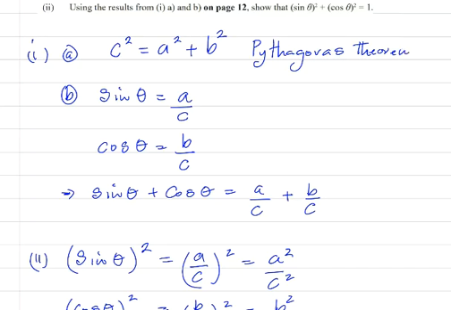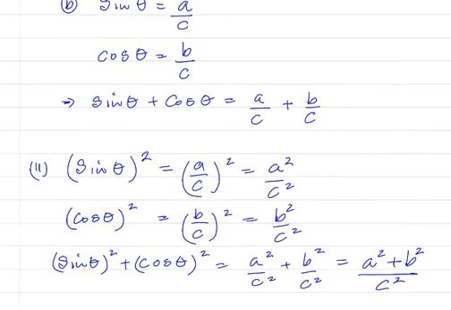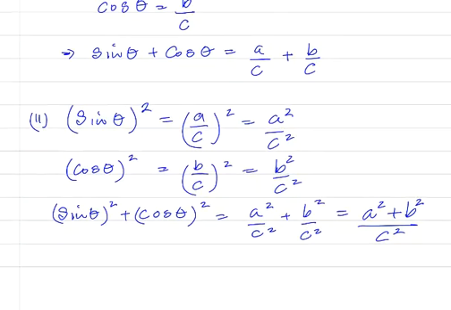All right, so from Pythagoras theorem, A square plus B square is equal to C square. So I can bring that to bear here to say that this is equal to C square over C square. Pythagoras theorem: the square of the hypotenuse is equal to the sum of the squares of the other two sides.